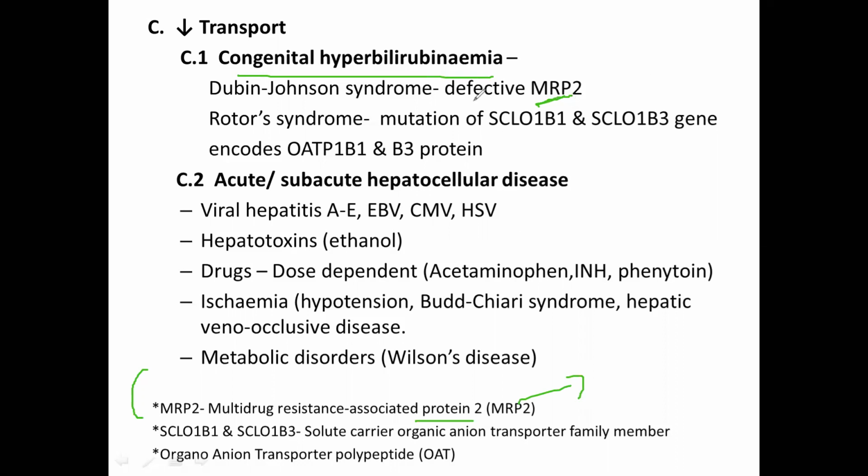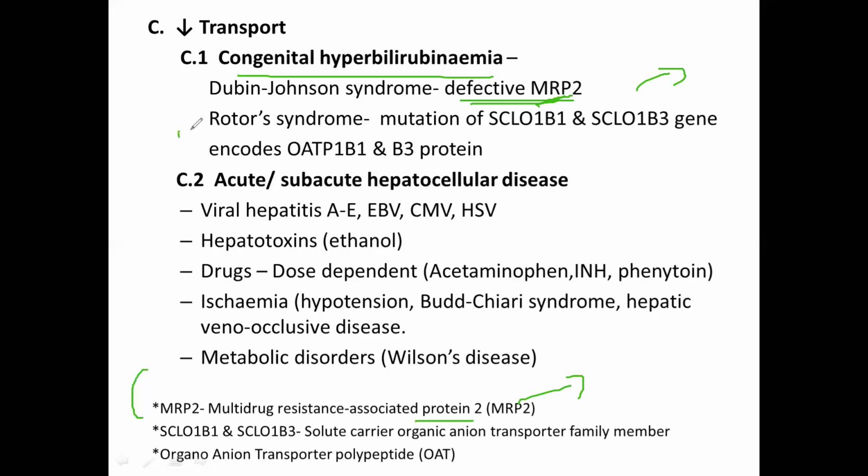So if MRP is defective, what will happen? There will not be proper transport of this bilirubin, it will not enter into the duodenum, and it is not excreted. So it will deposit in the liver itself.